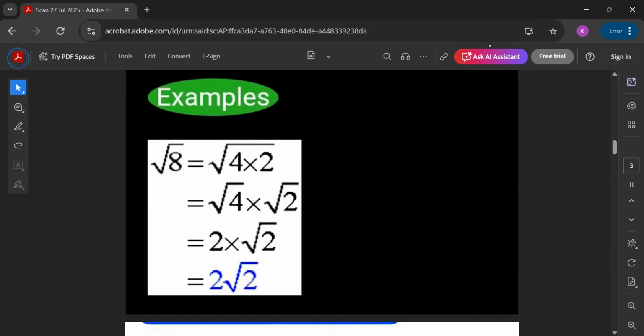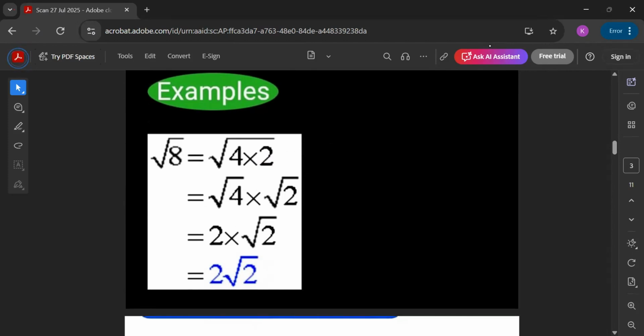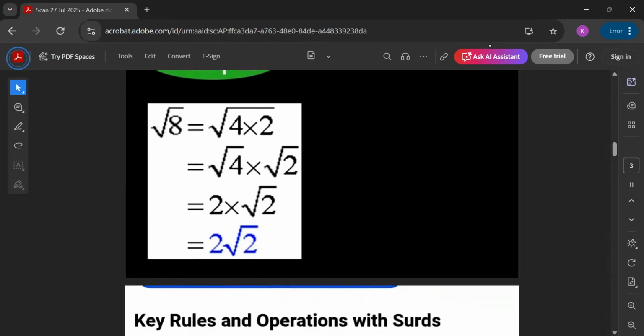Now, as per our law, the square root of 4 can be separated out: square root 4 into square root 2. The square root of 4 is 2, and square root of 2 remains as it is. So 2 root 2 is our answer.